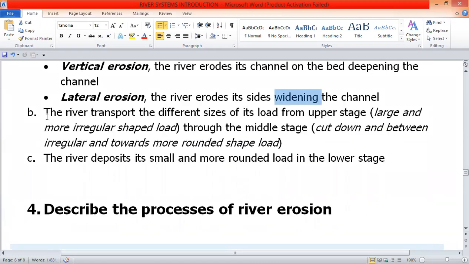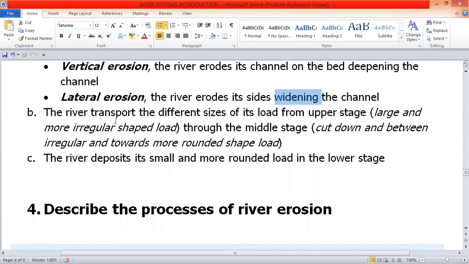Then the second work of a river. Remember, the first work we said is erosion. Then the second work of a river is transportation. Okay, ladies and gentlemen, good geographers.